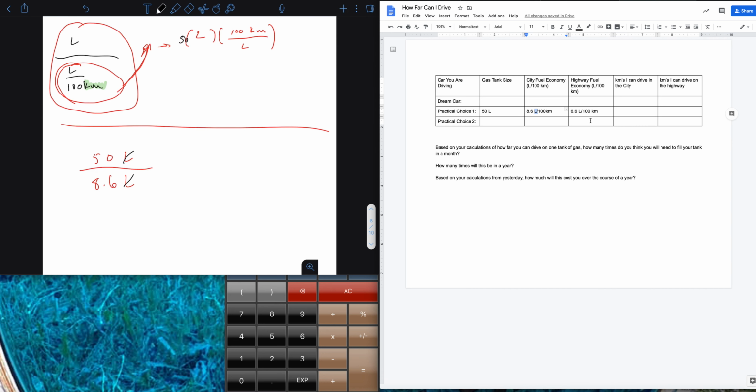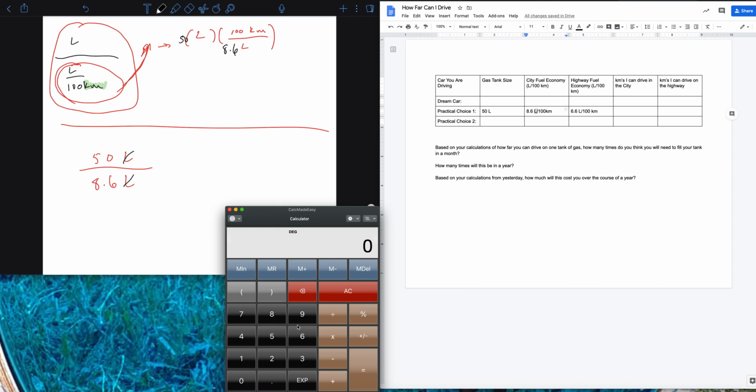So I'm just filling in information here. You can do the math on that. You're going to get 50 divided by 8.6, which is 5.81. There are no units on that, and remember, that's going to be a number, and we still have to multiply.